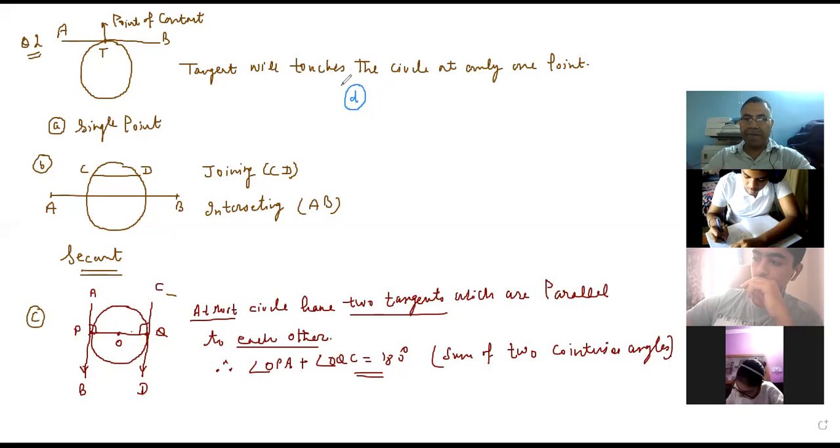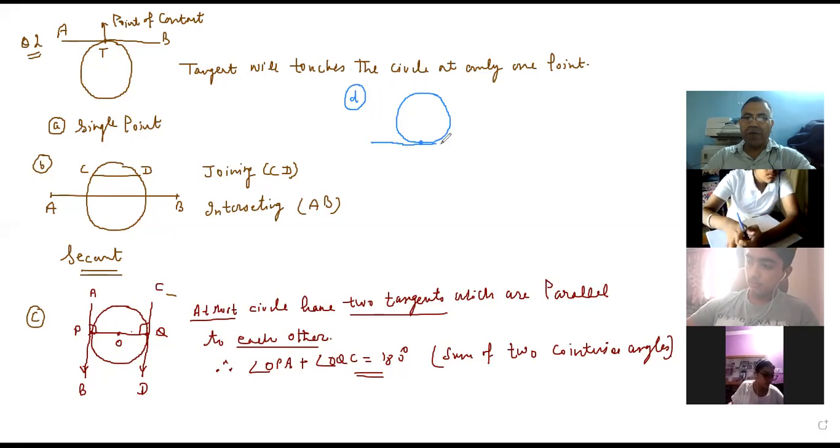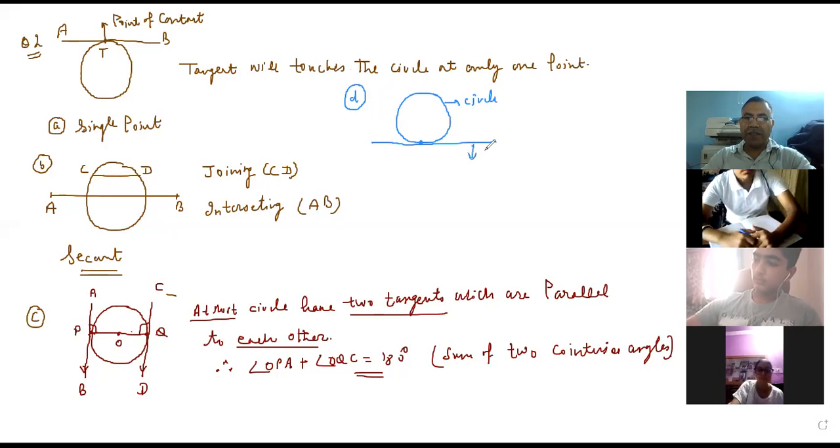B point. A common point between the tangent and the circle, I have already explained, is the point of contact. This is my circle. This is my tangent.